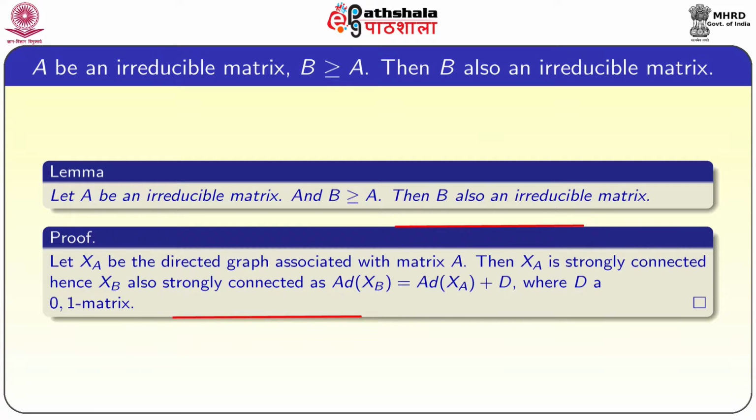Hence, X_B is also strongly connected, as the adjacency matrix of X_B is equal to the adjacency matrix of X_A plus D. Since B is greater than or equal to A, every entry in B is greater than or equal to every entry in A. So, we can write B equal to A plus D, or the adjacency matrix of X_B equal to the adjacency matrix of X_A plus D, where D is a 0-1 matrix. Hence the result follows.